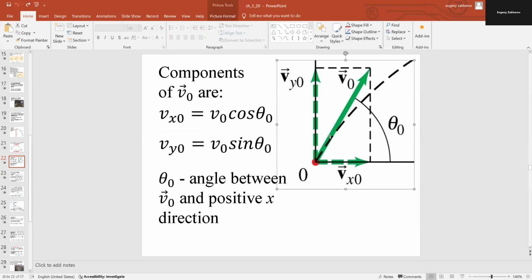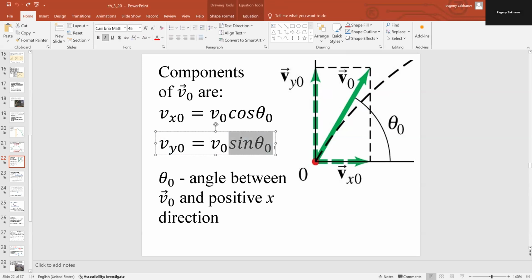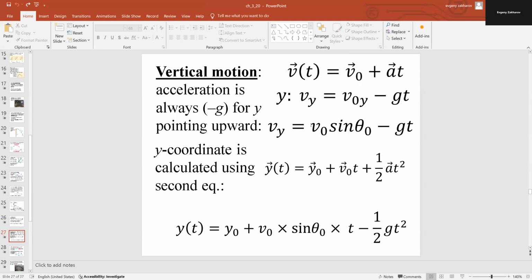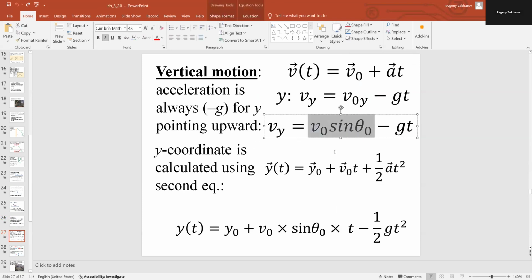So once again, this is theta, therefore this is theta, and you have a side that is opposite to theta now. An opposite function is the sine. So for vertical motion, it's v sub 0 times the sine of the angle, not cosine.